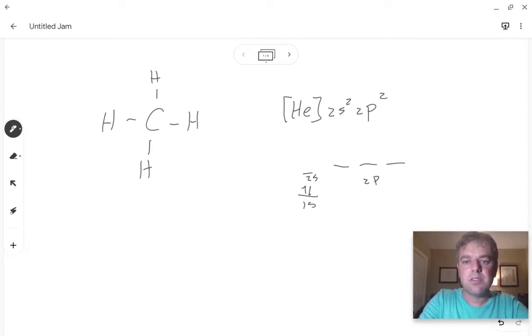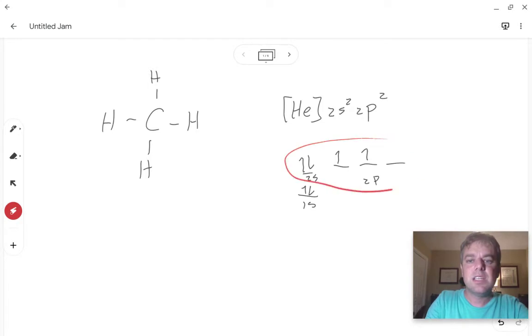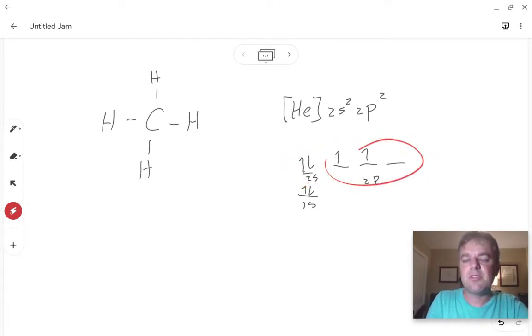The 1s is all full, the 2s is full, and then it's got some electrons in the 2p. But when carbon is actually forming 1, 2, 3, 4 chemical bonds, it's using its one 2s orbital and all of its 2p orbitals.